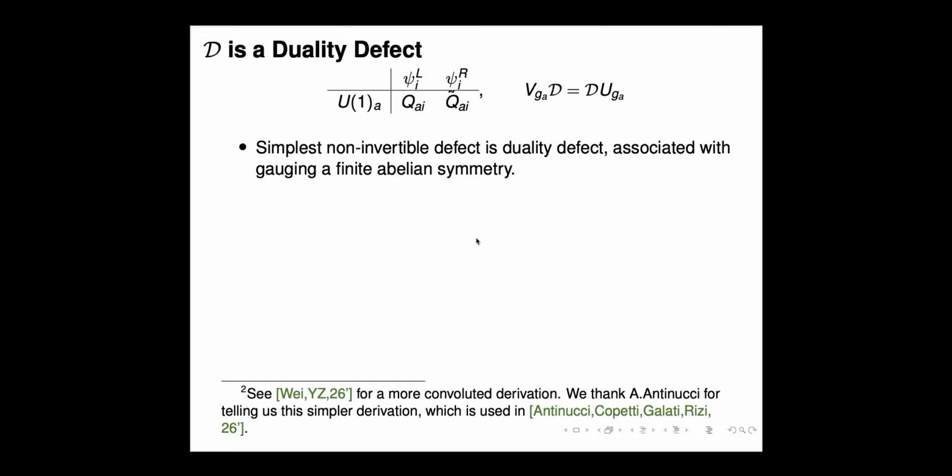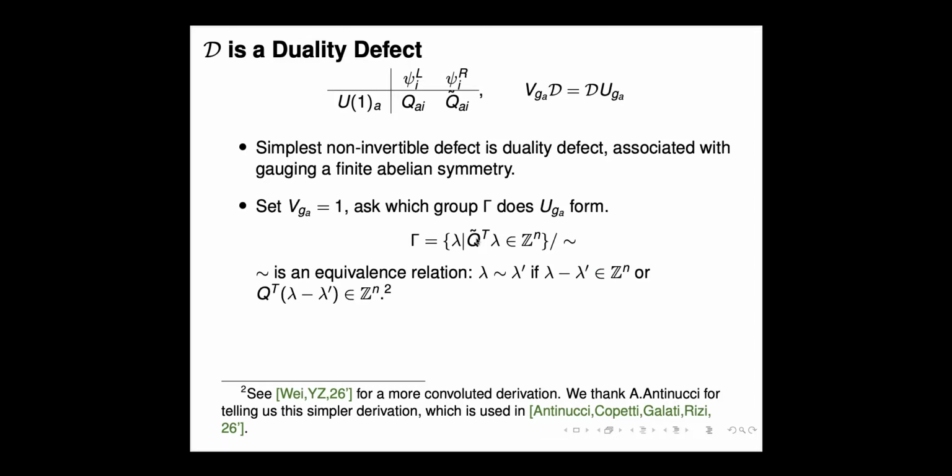Okay, so for general R, what is D? D is non-invertible, but what is it? The simplest non-invertible defects that we are familiar with are the duality defects associated with gauging some finite subgroup. So let's just assume this and see if we succeed in identifying this D as a duality defect.